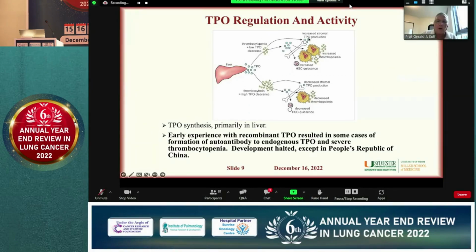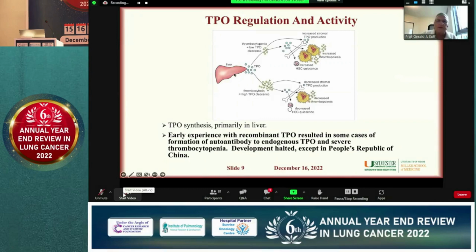If the patient has a low platelet count, then thrombopoietin will have fewer platelets to bind to, and more will be left over to bind to megakaryocytes, leading to increased production of platelets. So it's a negative feedback loop.